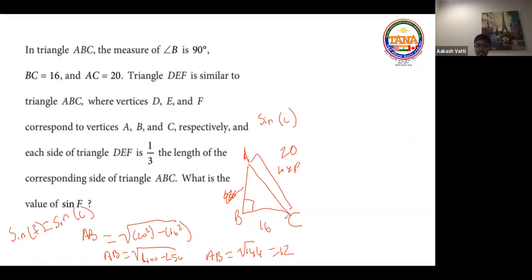So you have C's opposite, which is 12, over the hypotenuse, which is 20, which is equal to 3/5. And since sine of F is the same as sine of C, sine of F equals 3/5, which is 0.6.